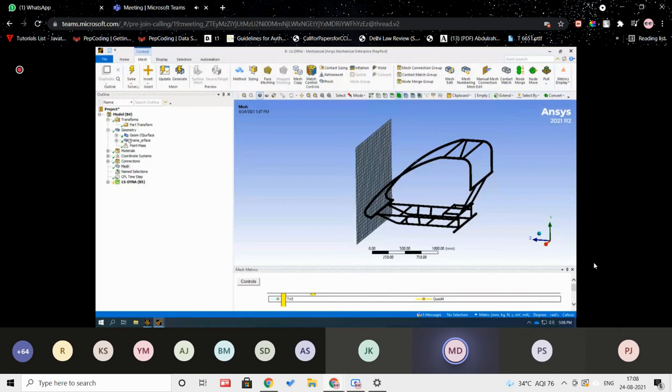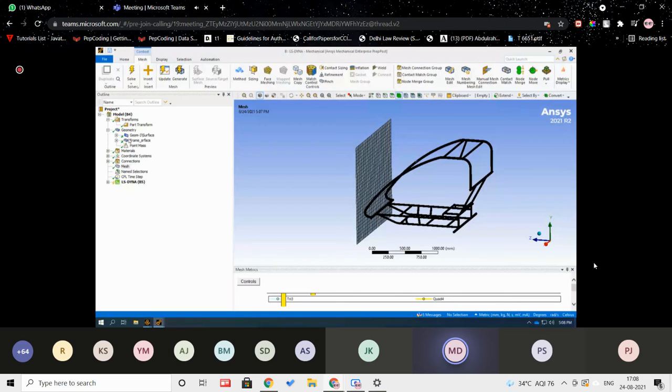How can you do that? After meshing, you can simply right click here and freeze the mesh. After freezing the mesh, this part will not be meshed further, and for this analysis you can remesh the rest to a finer mesh. So this is one point I wanted to highlight.